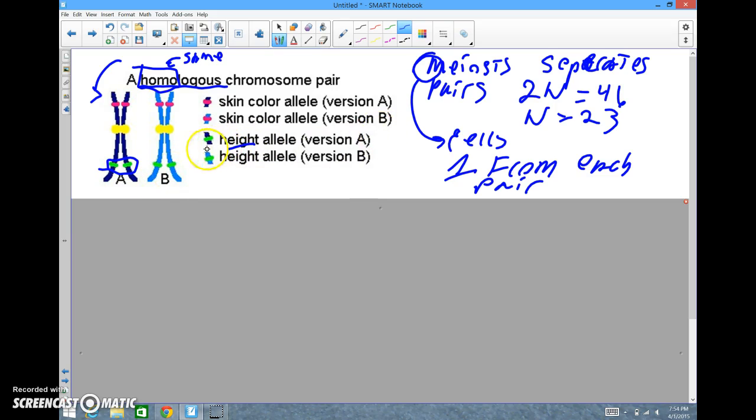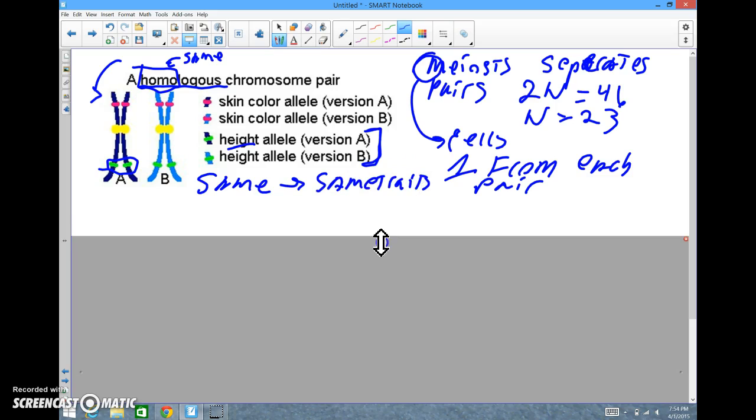And you'll notice that even though chromosome A and B are the same, they don't necessarily have exactly the same allele. So what same means is same traits, but it can be different versions. Or different alleles. And that's important to understand.